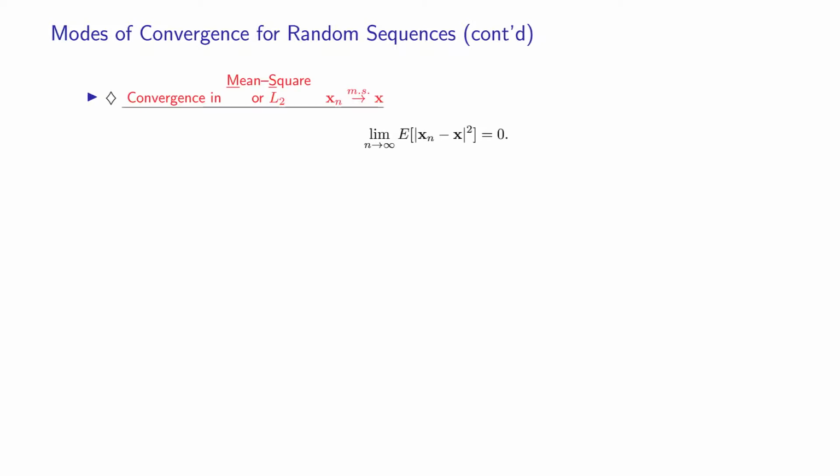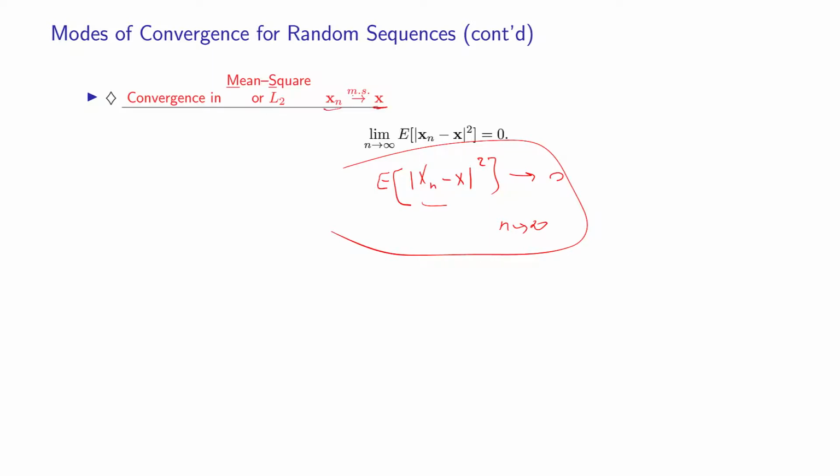Another useful mode of convergence is that we consider the difference between x of n and x in the mean squared error sense. Because this becomes real as soon as you put expectation on some random entities, this becomes a sequence. If this sequence tends to 0 as n goes to infinity, then we say that x of n converges to x in the mean square sense.